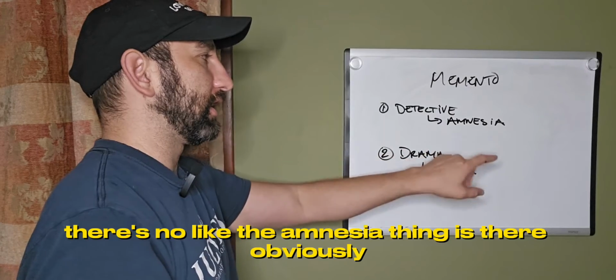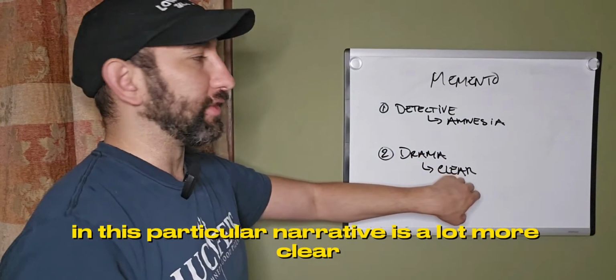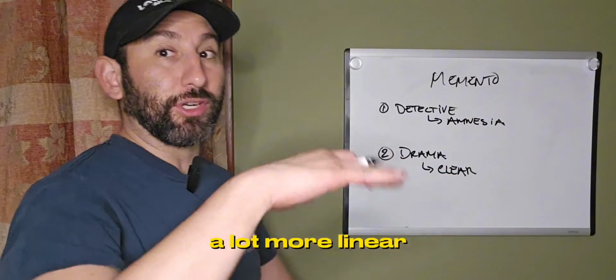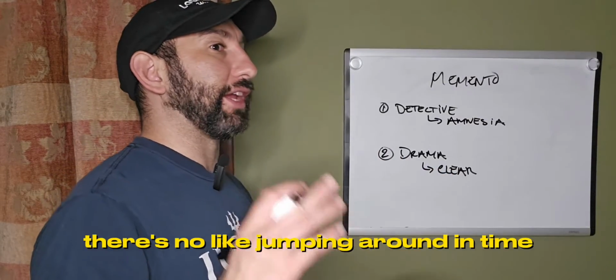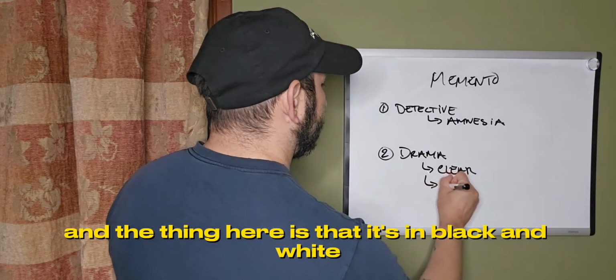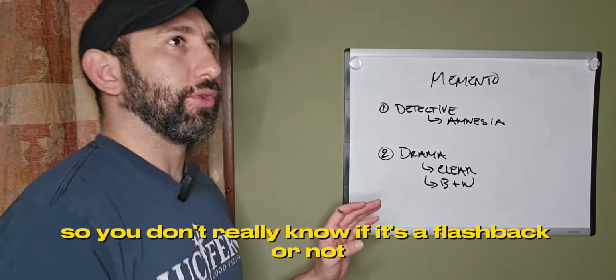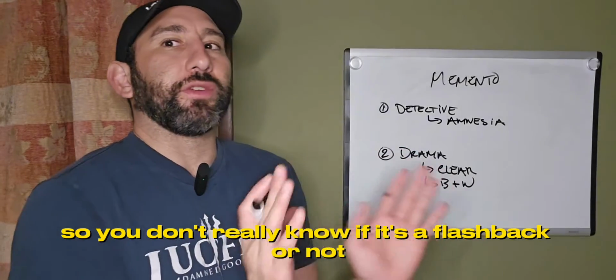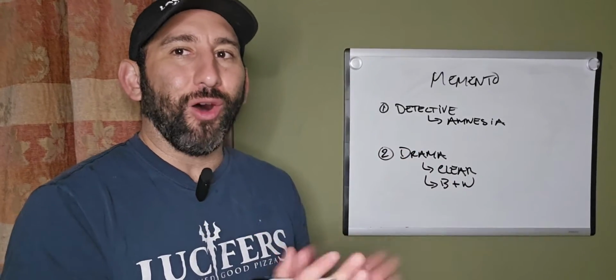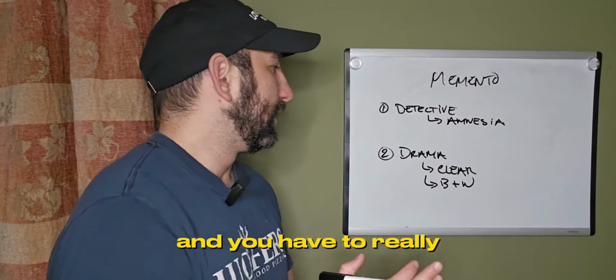The amnesia thing is there obviously, but what's going on in this particular narrative is a lot more clear, a lot more linear. There's no jumping around in time. And the thing here is that it's in black and white. So you don't really know if it's a flashback or not. All that you know is that it's its own thing and you have to really pay attention to it.